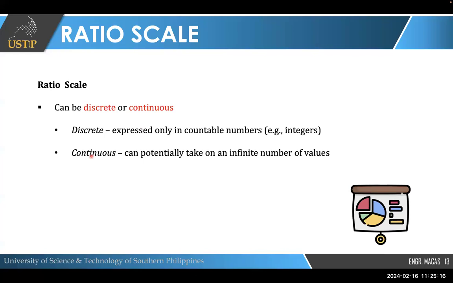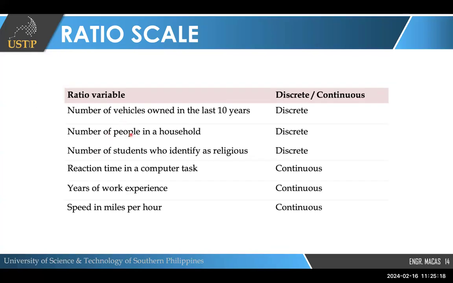Okay? Okay, example. So, we have these ratio variables here, and then let's identify whether discrete ba siya or continuous. So, number of vehicles owned in the last 10 years. Discrete. Yan naman, dili ka makaingon nga naakay 4.5 number of vehicles owned in the last 10 years. How would you categorize 0.5 na vehicle?